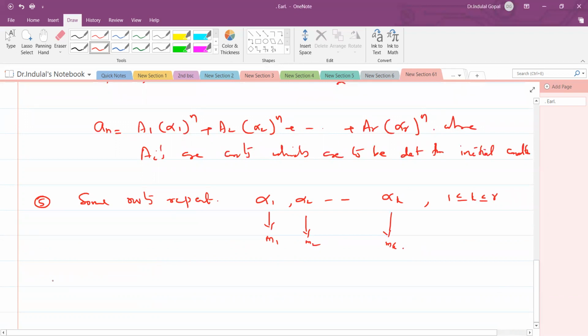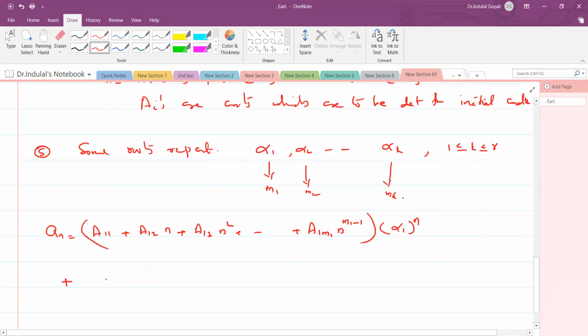Then the general solution is given by a_n equals (a11 plus a12 n plus a13 n square plus etc. plus a1m1 n raised to m1 minus 1) alpha 1 raised to n.